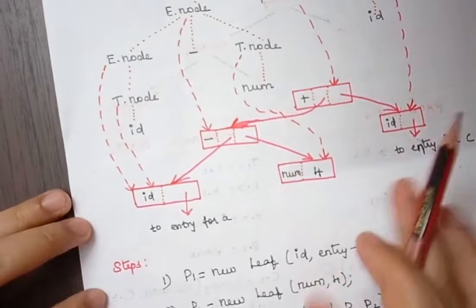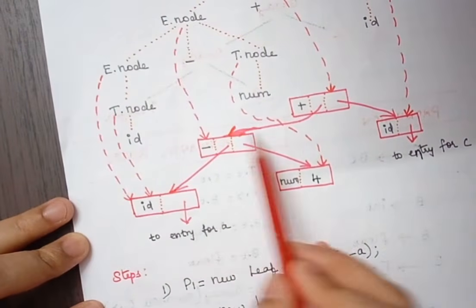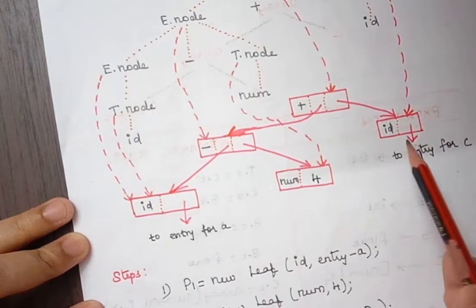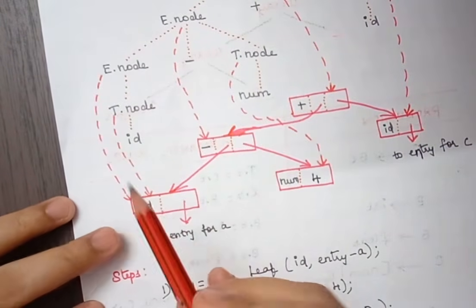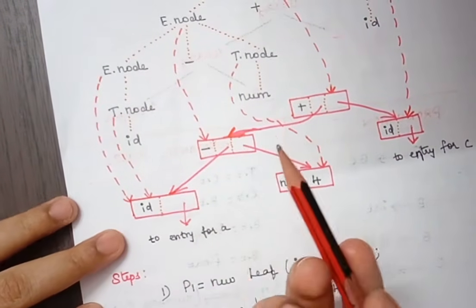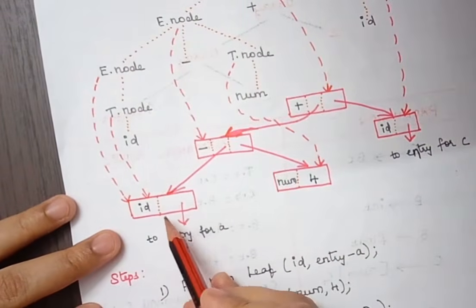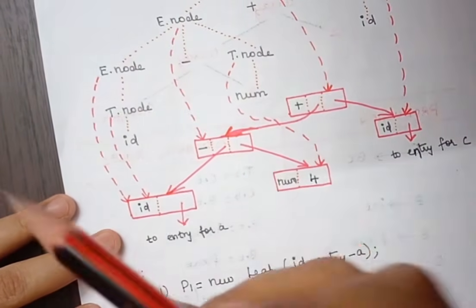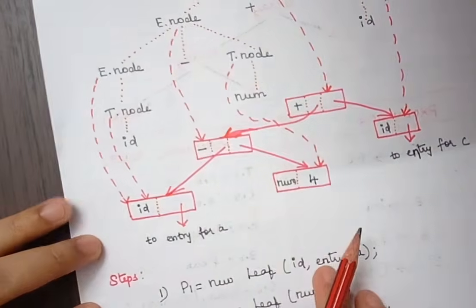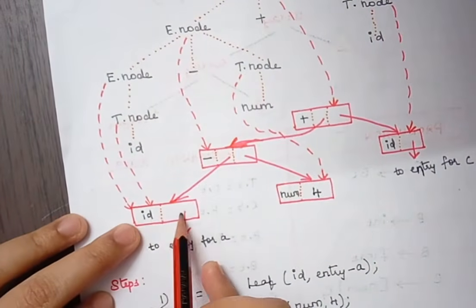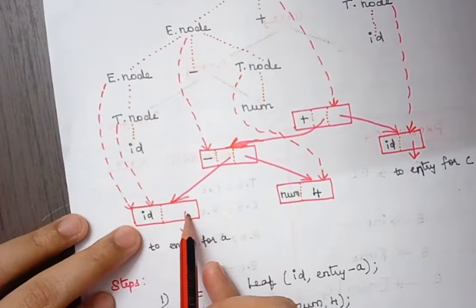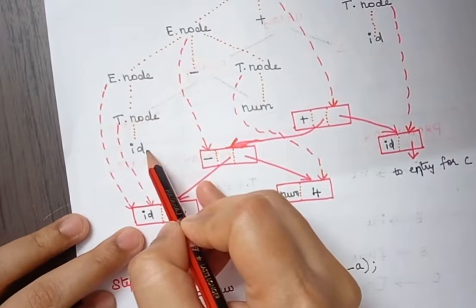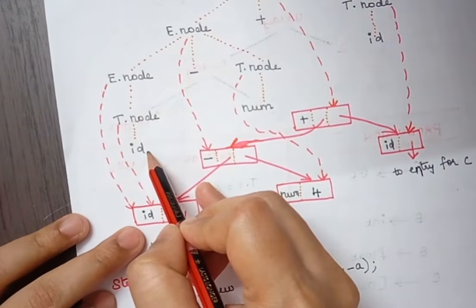And here you can see the boxes. These are all the objects of the symbols, that is, terminals as well as non-terminal symbols, or we can say these are all the objects for the leaf nodes and intermediate nodes. This object is created for this ID, which is a terminal symbol here.